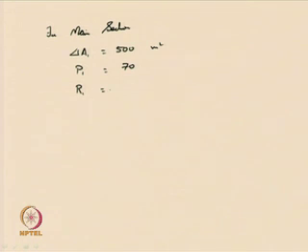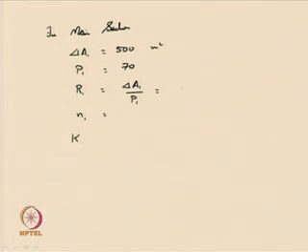Therefore, your hydraulic radius R1 is del A1 by P1, equal to 7.14 meter. I just computed it for you, you can do it on your own. n1 is given.